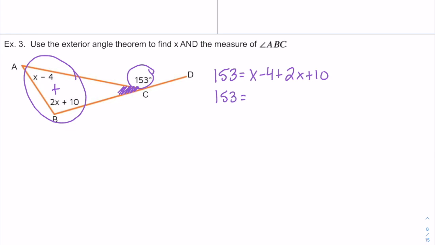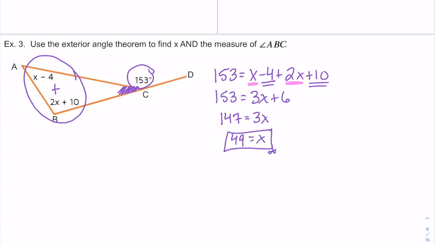So x plus 2x, we have some like terms. That gives me 3x. And then we have a minus 4 and a plus 10. That gives me plus 6. And then we continue solving our equation. So if we subtract 6 from both sides, we get 147 equals 3x. If we divide both sides by 3, we get x equals 49.